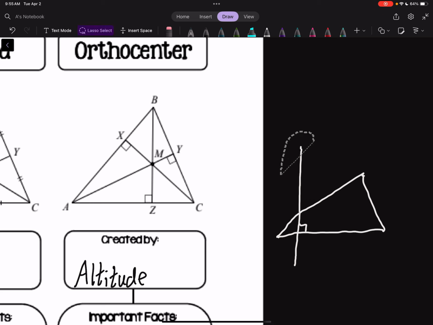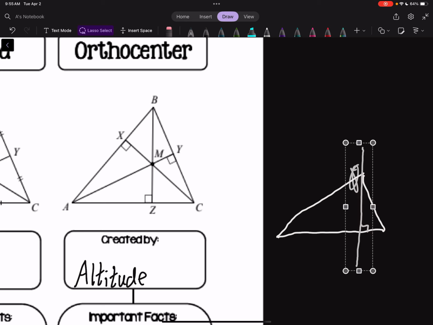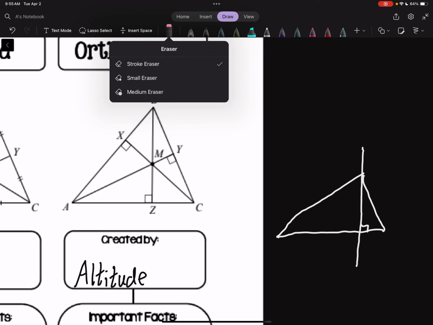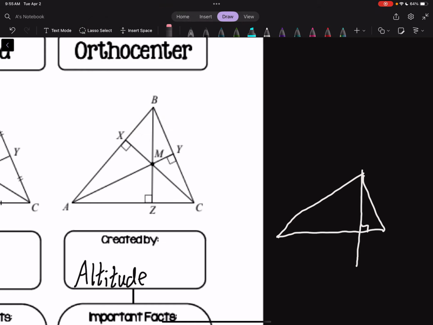So if I take a perpendicular line to a side and I move it along my triangle, the place where it touches the opposite vertex is going to be how I get my altitude. In other words, my altitude is going to be this portion of my line segment. That'd be one of my altitudes, okay?